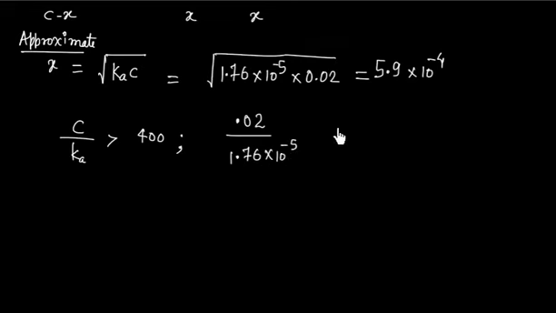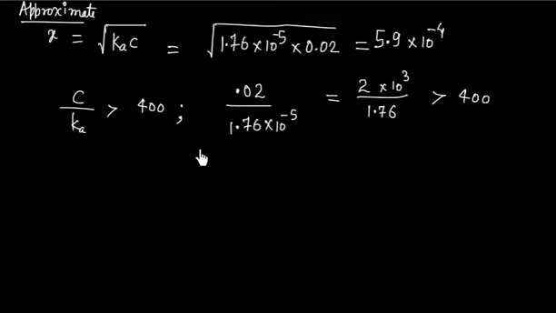So you can clearly see this is 2 into 10 to the power 3 divided by 1.76. Even if this becomes 2 and this is also 2, let us say, this is 1000. Of course, this number is greater than 400. So I can say approximation in this case is allowed.